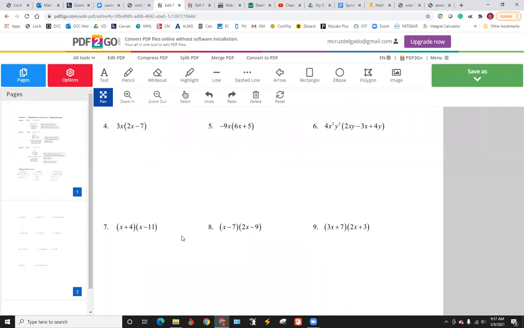These are now monomials times polynomials. The first two, 4 and 5, are just binomials. The third one is a trinomial. But anything more than 1 term is called a polynomial.